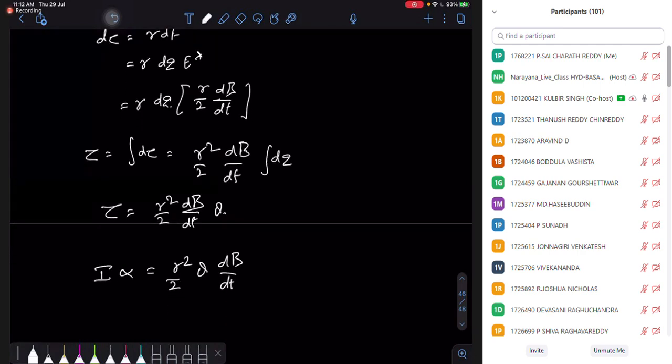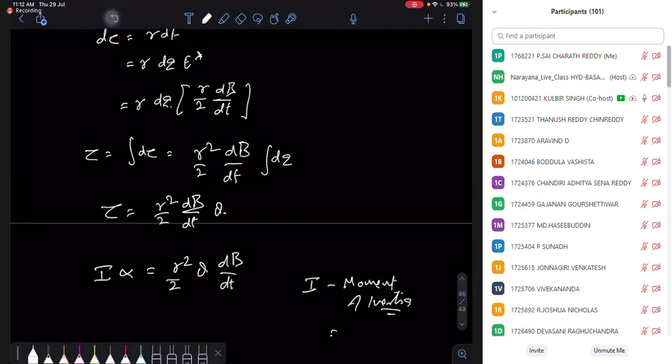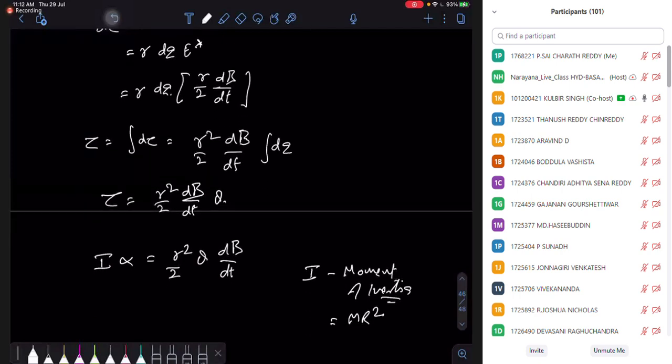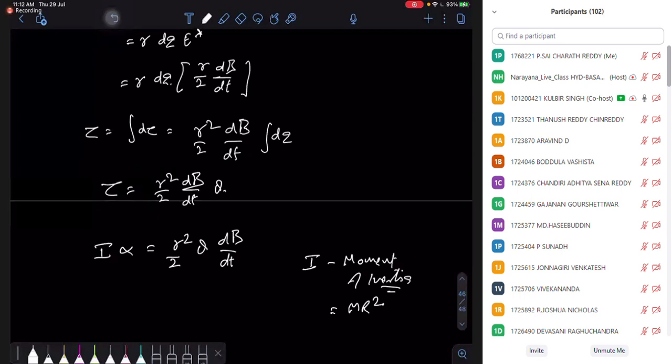Here I is the moment of inertia. Remember the moment of inertia for a ring is m r squared. That needs a mass also. So along with the charge, you can take the mass of the ring also as m.